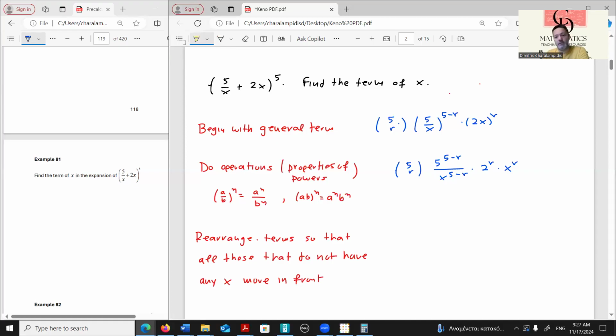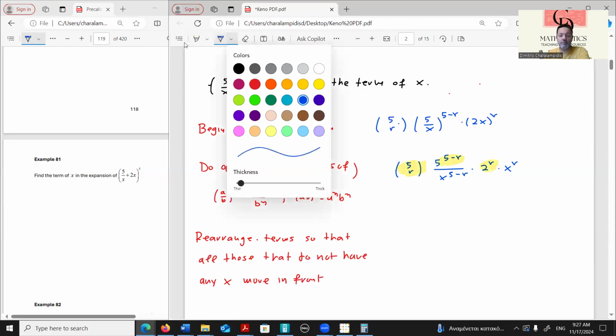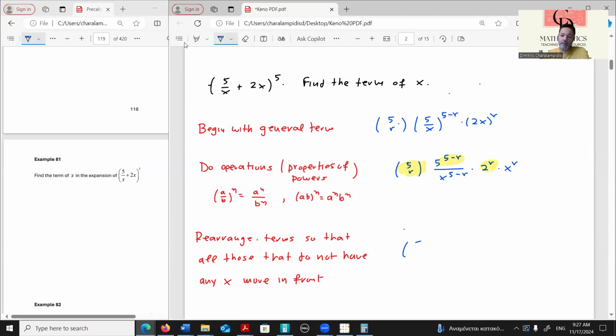What are these? This, and that. So let's rearrange them so that these move in front. 5 choose r, 5 to the power of 5 minus r times 2 to the power of r times x to the power of r over x to the power of 5 minus r.